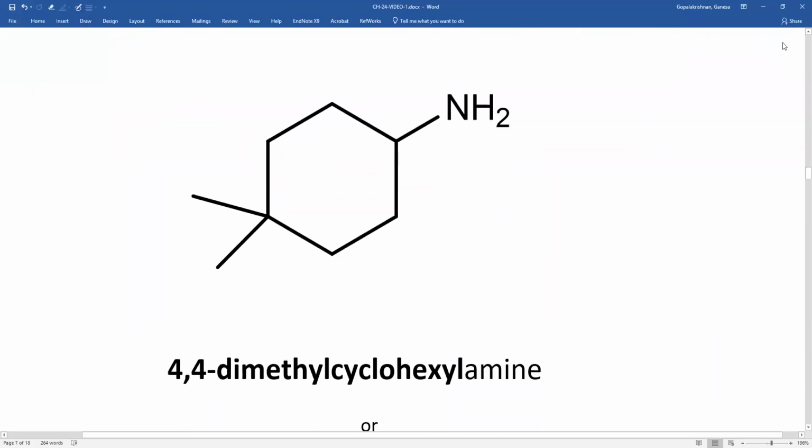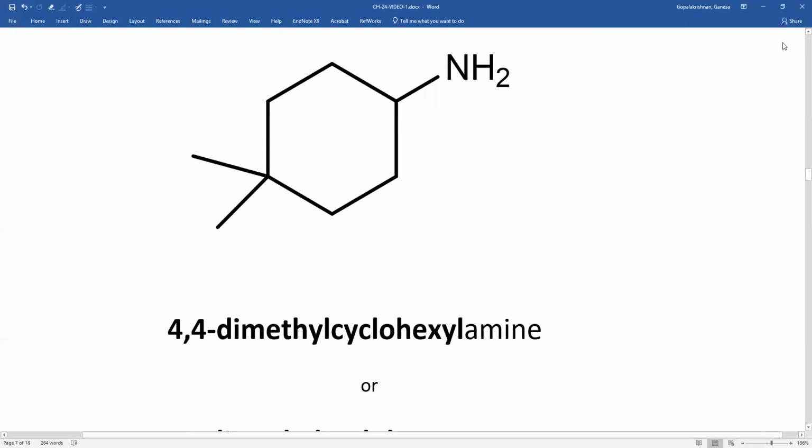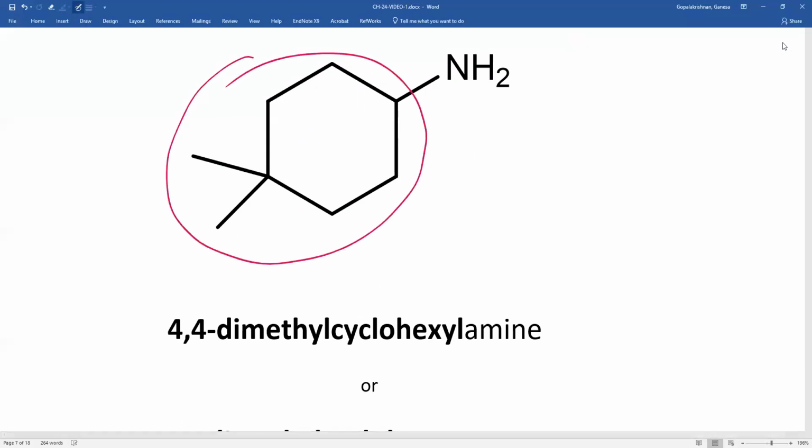I have one more example here. If you use the alkyl group, this is a cyclohexyl group, so you can call it cyclohexylamine, and these are substituents on it.